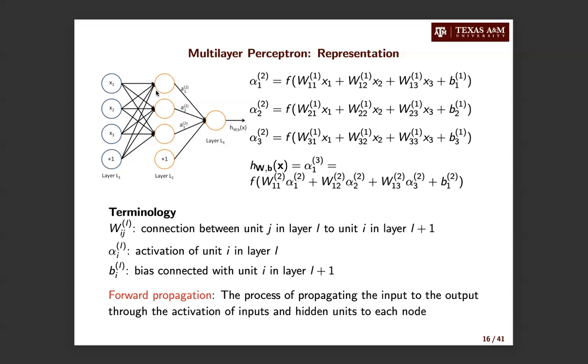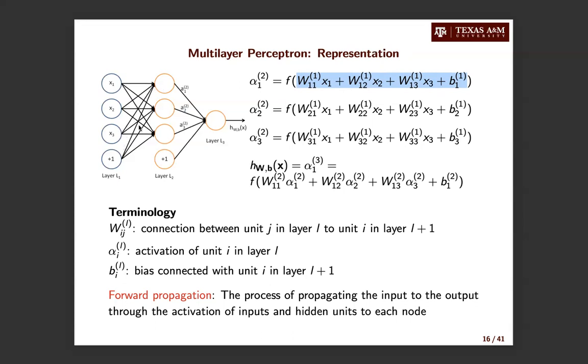We can see that the output of the first hidden node is being represented as the linear combination of the inputs x1 through x3, each multiplied with the weights W11, W12, and W13. And these are essentially being represented by these arrows. This arrow here, this arrow here, and this arrow here.